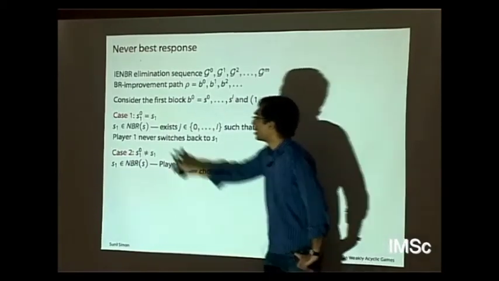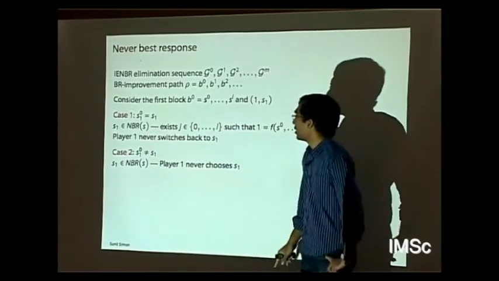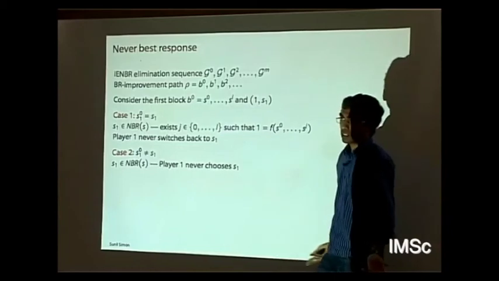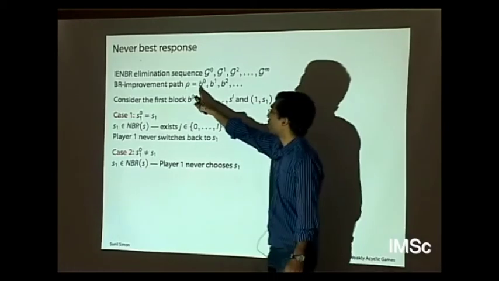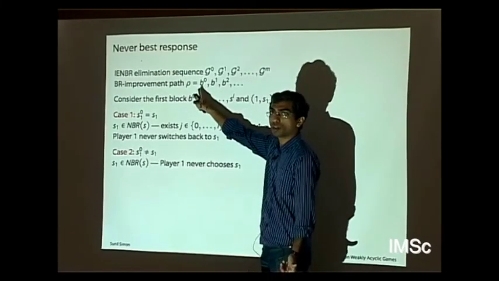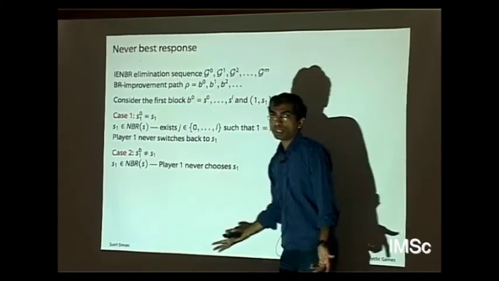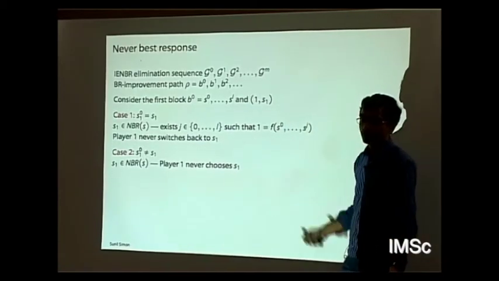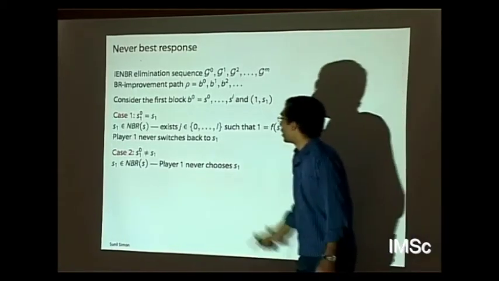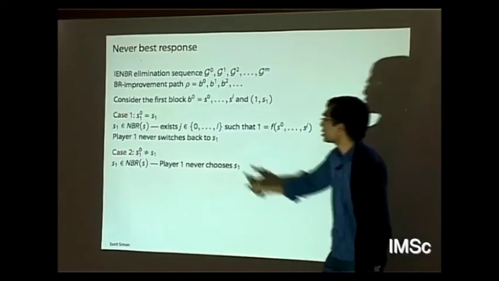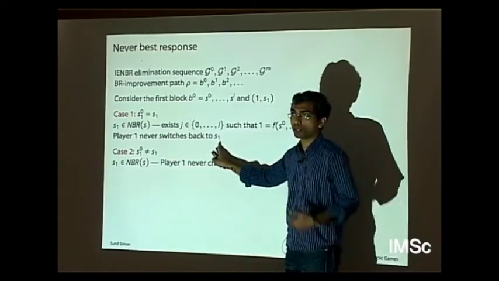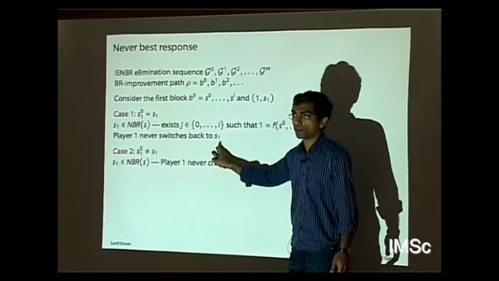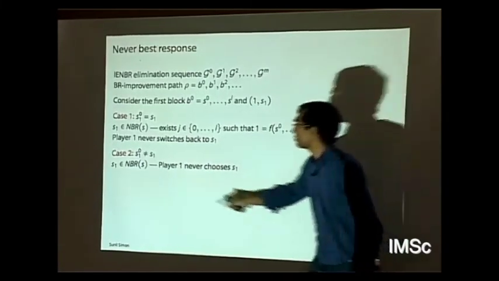Well, if he's playing S1, then whatever the other players do, it will never become a best response. But we know that this B0 is a block. So eventually he's scheduled. When he's scheduled, he of course moves to his best response. Once he moves to his best response, he'll never switch back to S1. Why? Because it's never a best response, no matter what the other players do. So that's the first case.